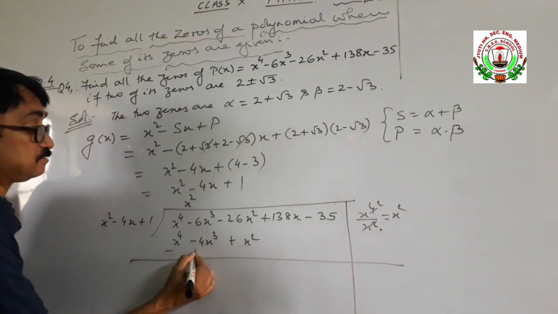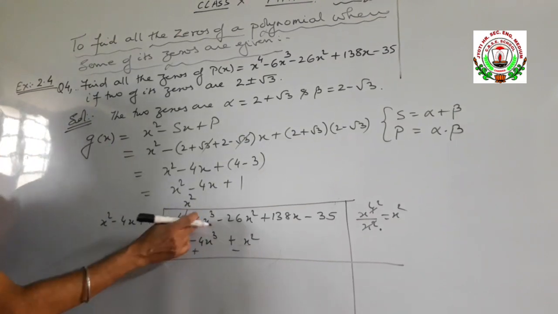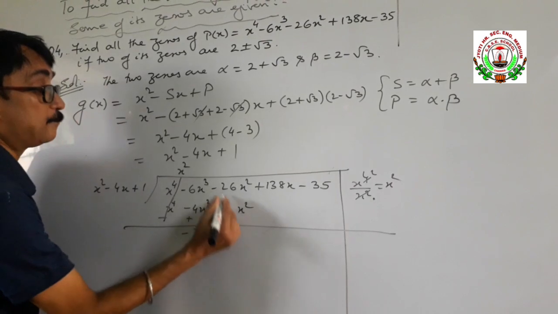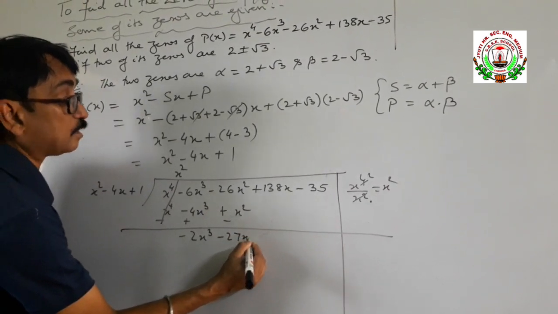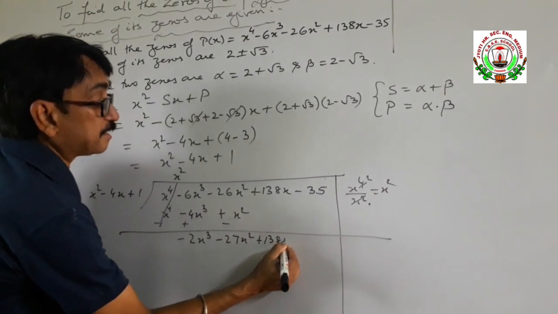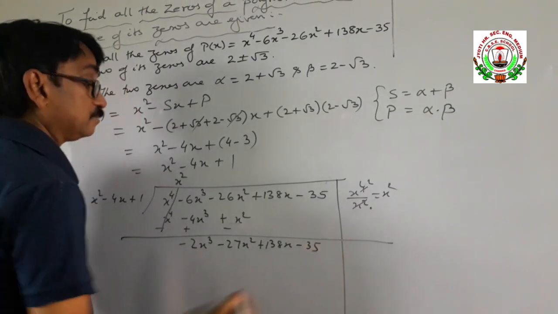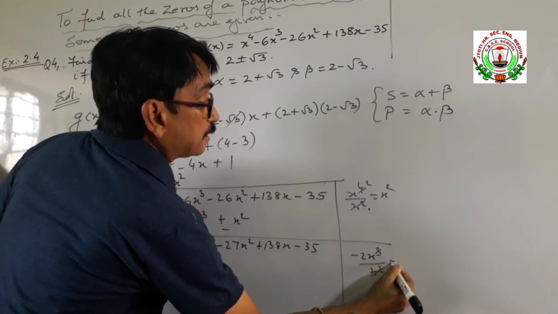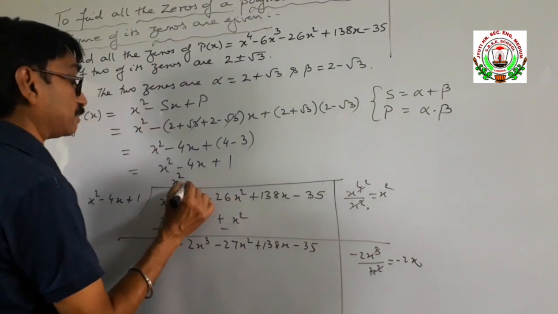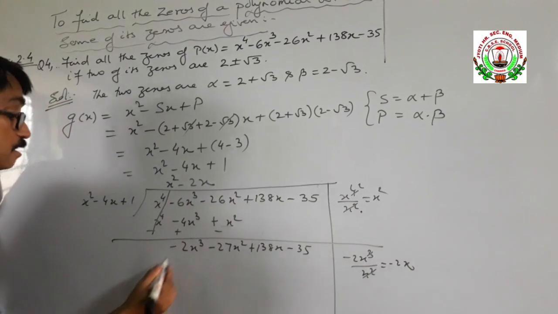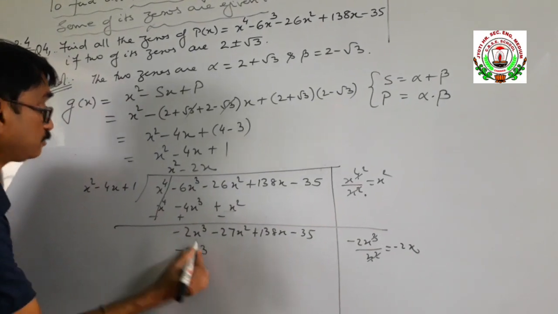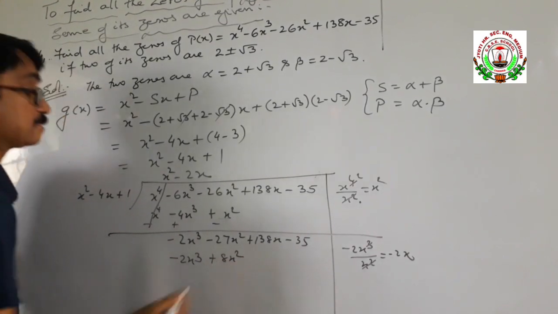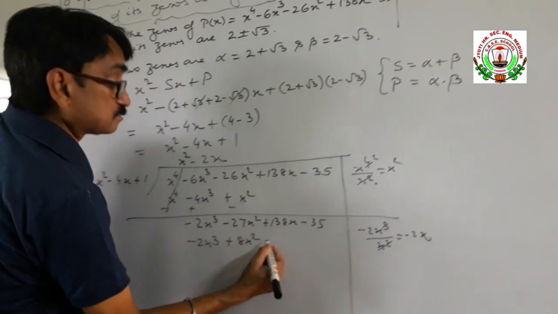So change the sign, cancel out, minus 6x cube plus 4x cube is minus 2x cube, minus 27x square plus 138x minus 35. Now minus 2x cube upon x square becomes minus 2x. So second term of quotient is minus 2x. Minus 2x times the divisor gives minus 2x cube plus 8x square minus 2x.